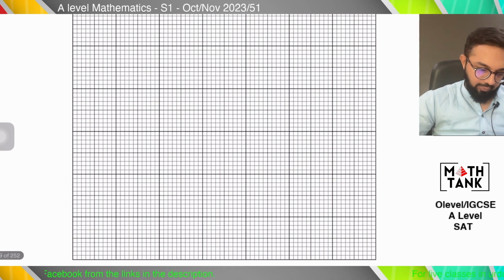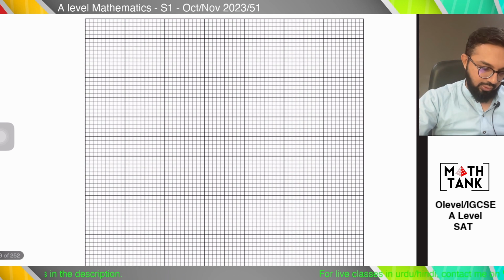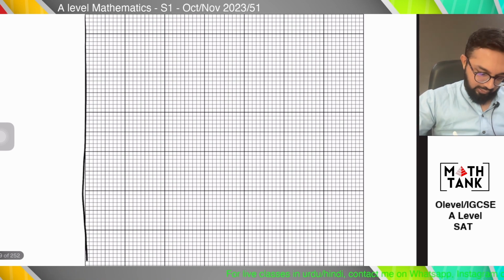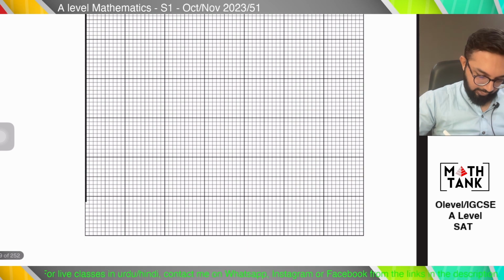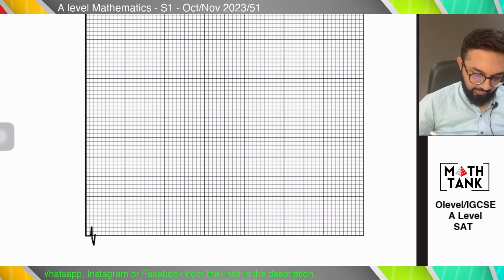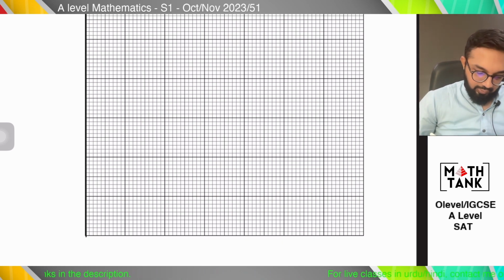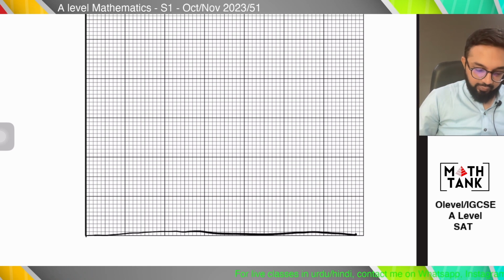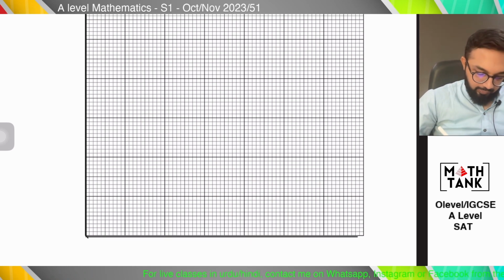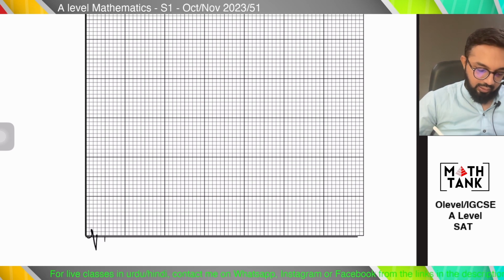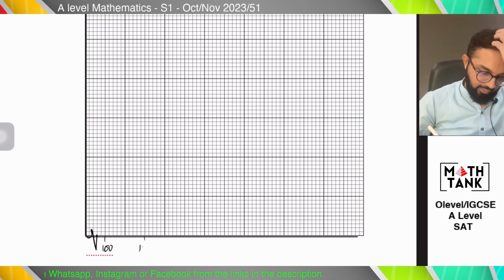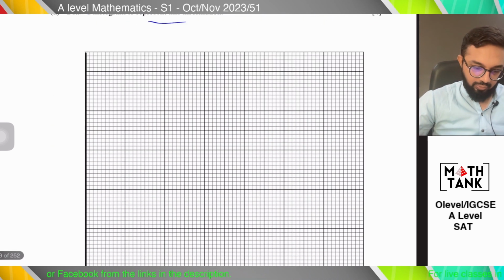Then I'm going to start making a sketch. I will have a jagged line here because my axis will not be starting from 100. Let's start from 100, then 120, and I have to go up to 160.